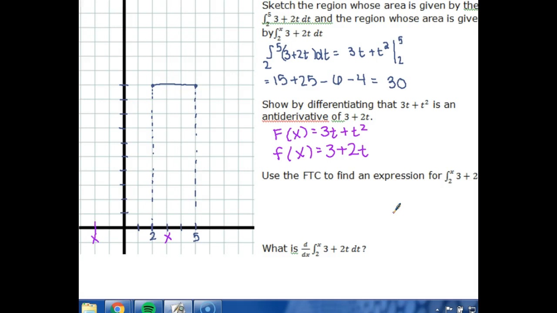If I asked you this, what is the derivative of the antiderivative of 3 plus 2t dt? What's this variable and what's this variable?